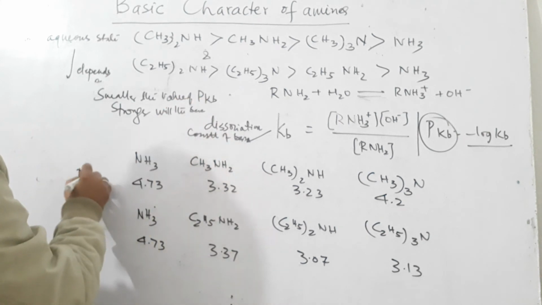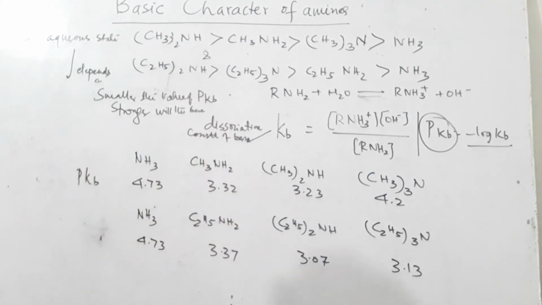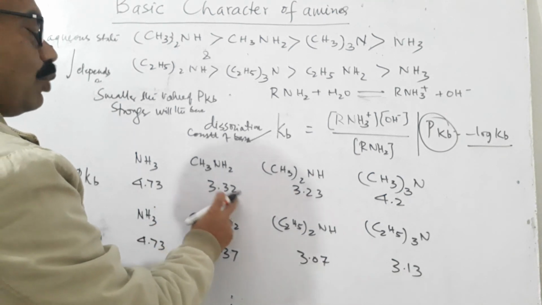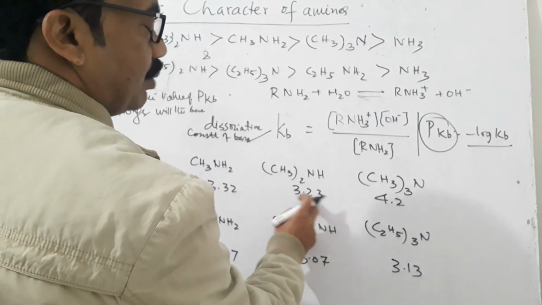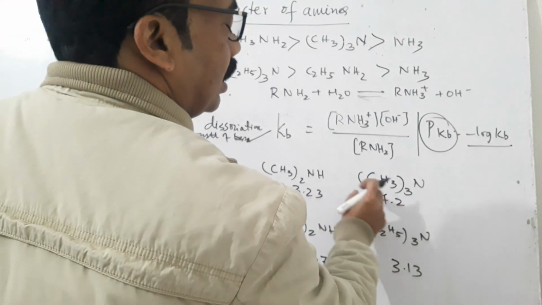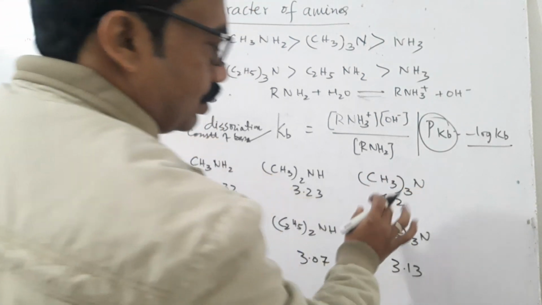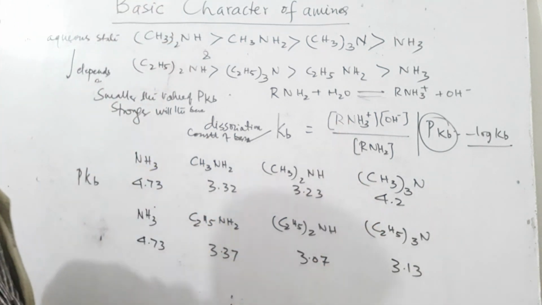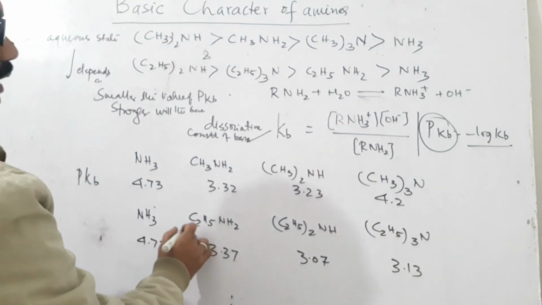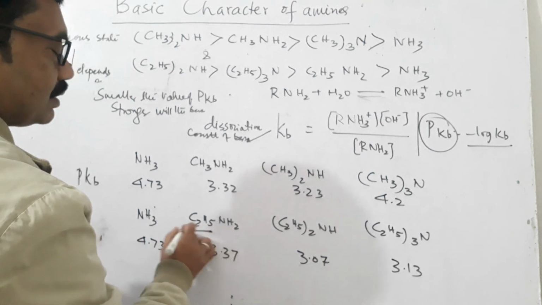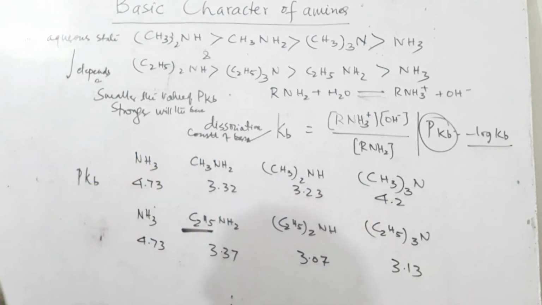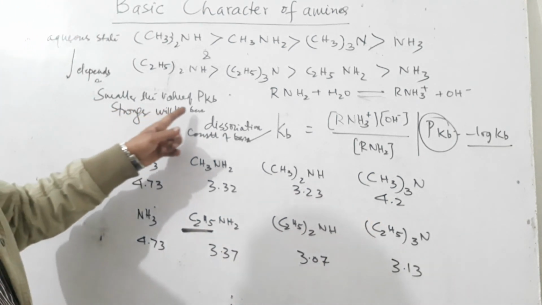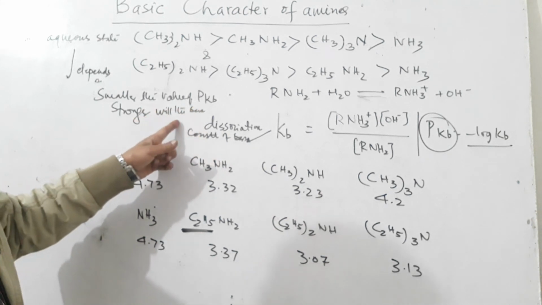The pKb values have been calculated: for ammonia 4.73, methylamine 3.32, N-methylmethanamine 3.23, and for the tertiary amine 4.2, where the methyl group is present. The same can be done if the alkyl group is ethyl, for 1 degree, 2 degree and 3 degree. Now you can see, the smaller the value of pKb, the stronger the base.